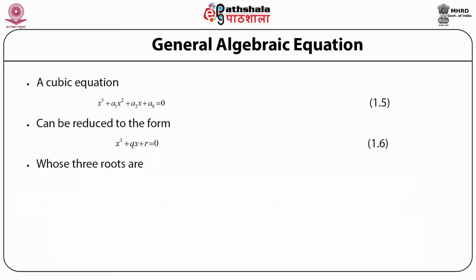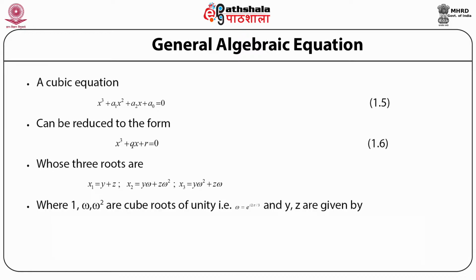The roots of this cubic equation are 3 and are given by x1 is equal to y plus z, x2 is equal to y omega plus z omega square, x3 is equal to y omega square plus z omega, where 1, omega and omega square are the cube roots of unity.